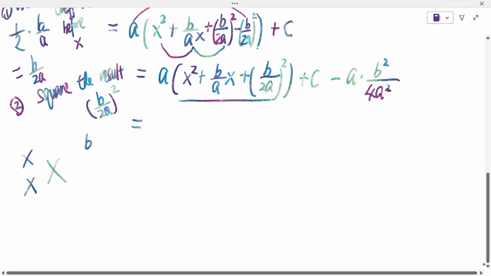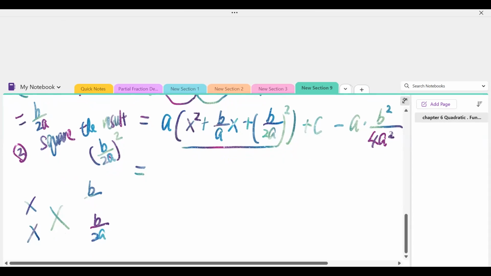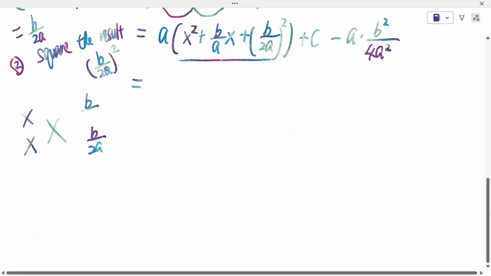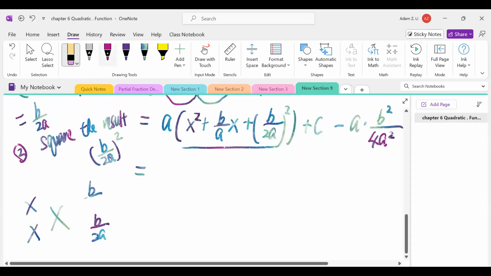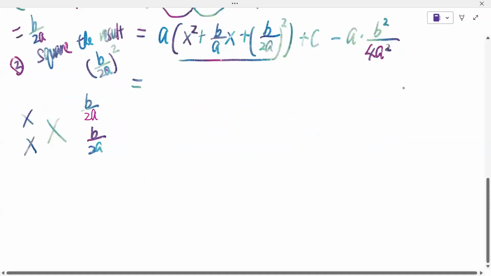We do the same thing, b over 2a and b over 2a, and then they go plus. This is how, when you add them, you get a middle term here.